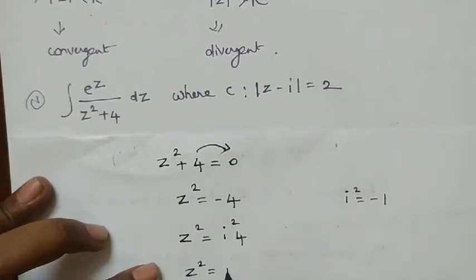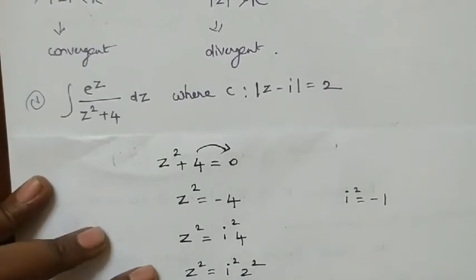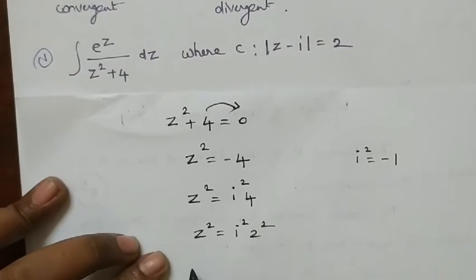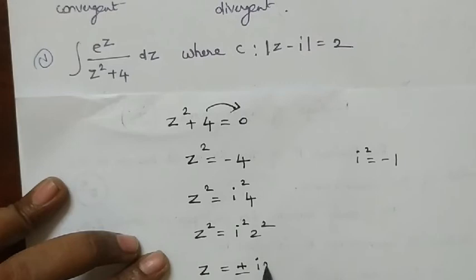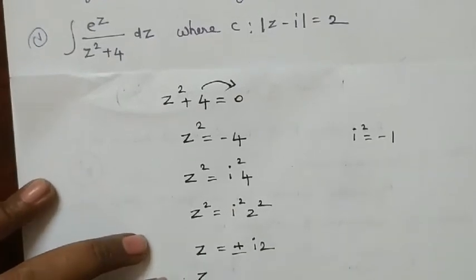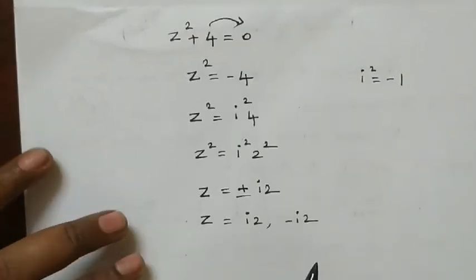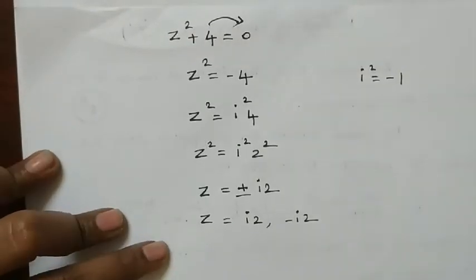Then z square equals i square 2 square. On taking square root on both sides, z equals plus or minus 2i. This is the value of z.